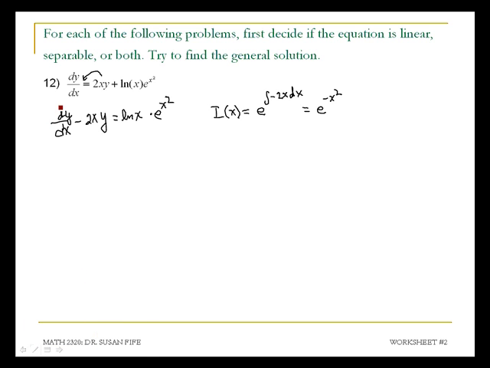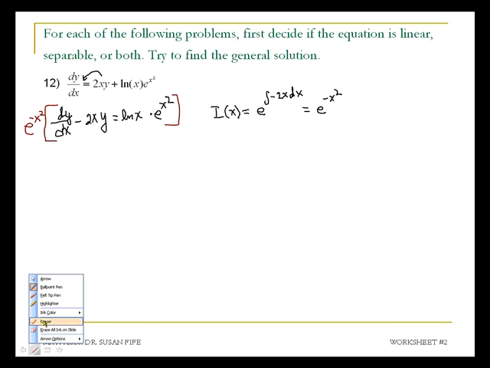You want to take that integrating factor and multiply the entire equation through by it, e to the negative x squared.